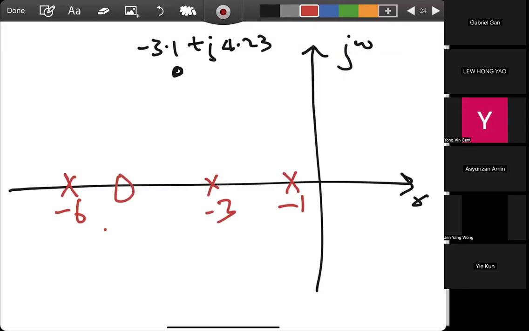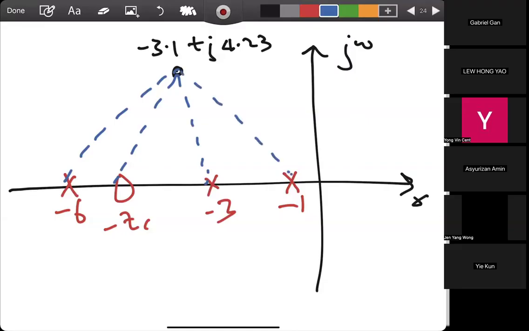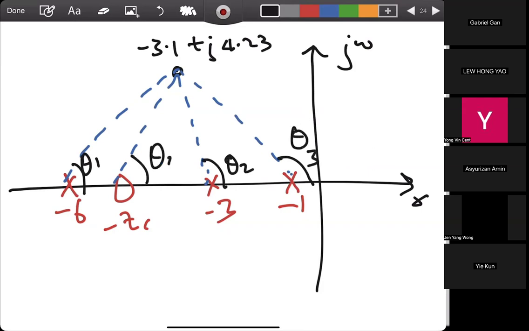And the proposed zero, we put like that, at that point. And then you calculate theta 4.